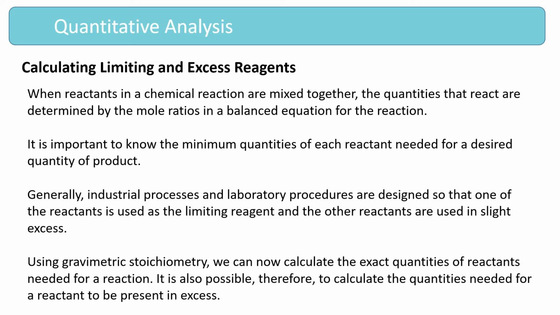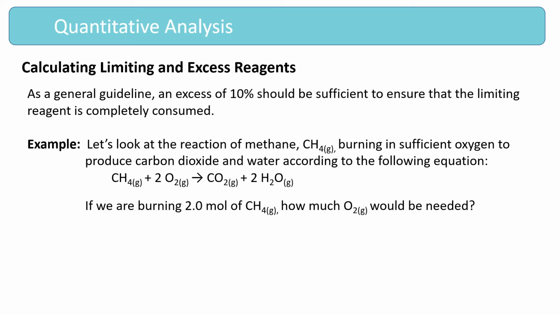It is also possible, therefore, to calculate the quantities needed for a reactant to be present in excess. Let's take a look. As a general guideline, an excess of 10% should be sufficient to ensure that the limiting reagent is completely consumed.